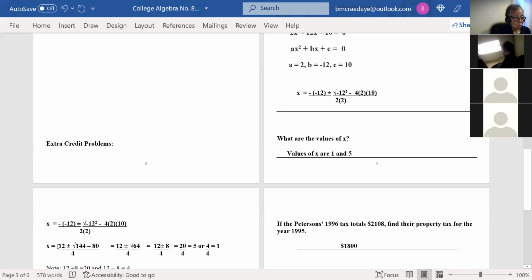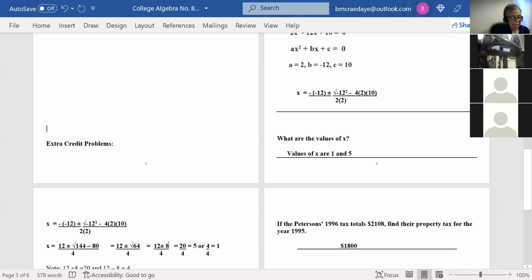So what we have is 12 plus or minus square root, and this square root is really for the whole thing, 144 minus 80 is all underneath this radical sign, divided by 4, 2 times 2. Now, 144 minus 80 is 64. So you have 12 plus or minus square root of 64 over 4. Square root of 64, perfect square root, 8. 12 plus or minus 8 over 4.